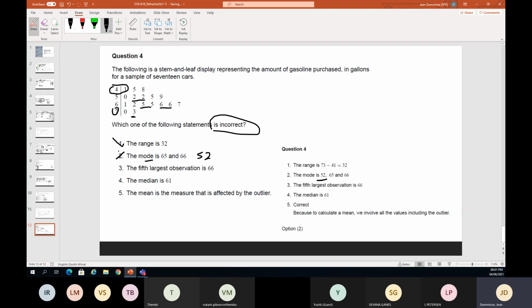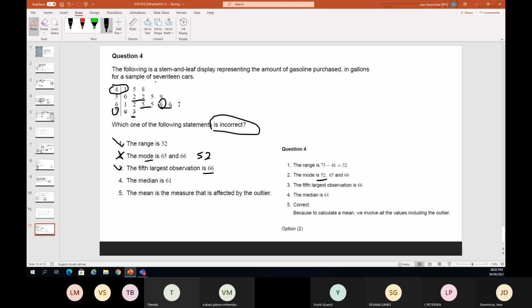So that one is incorrect. So that at least we know. The fifth largest, we basically start at the top and count back. So biggest, second largest, third, fourth, fifth largest is 66, which is correct.